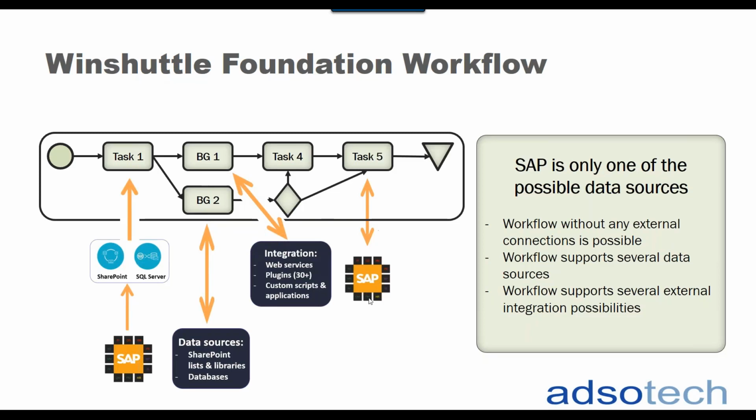The reason I'm mentioning this is that if we're thinking about, for example, an RPA solution, it means that probably some of the processes that you're automating are things that you can also automate with the Winshuttle workflow, especially if it's something integrated with SAP or updating SAP data, or things that have to do with approvals and team approvals.